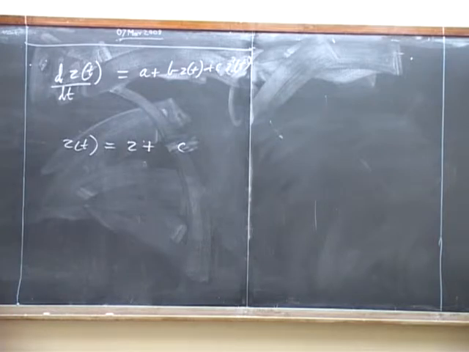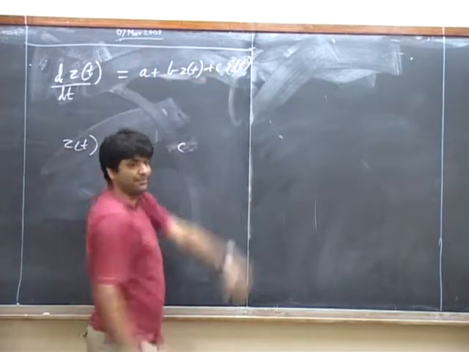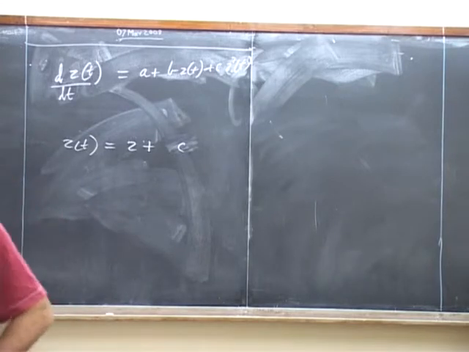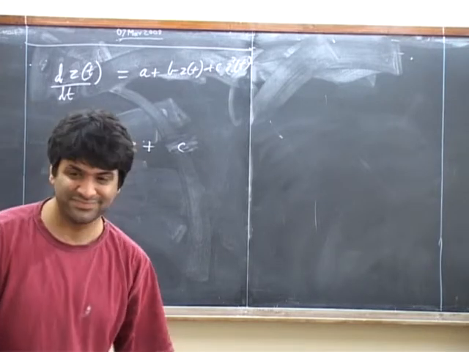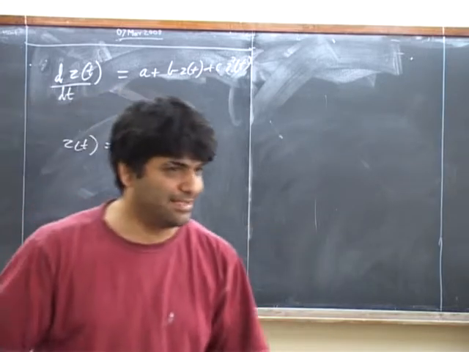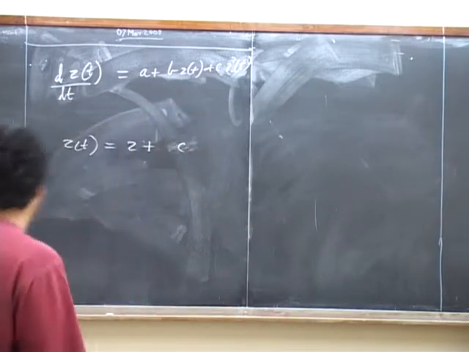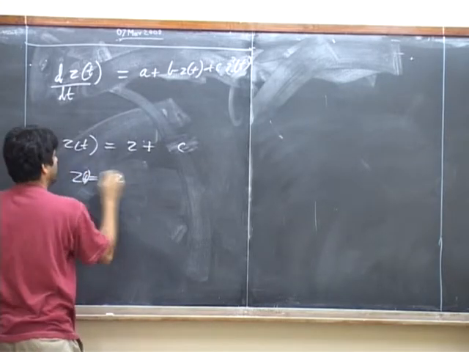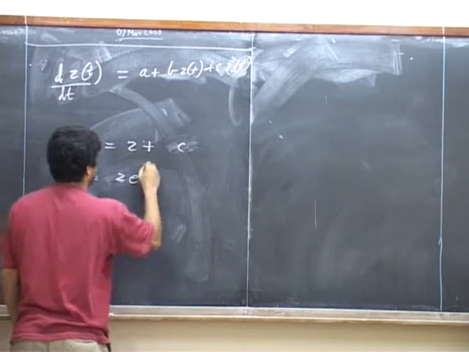Suppose only b was non-zero, what would we get? Exactly, and t is arbitrary, so it's a constant scale. From b we would get z(t) equal to z times e to the power bt.